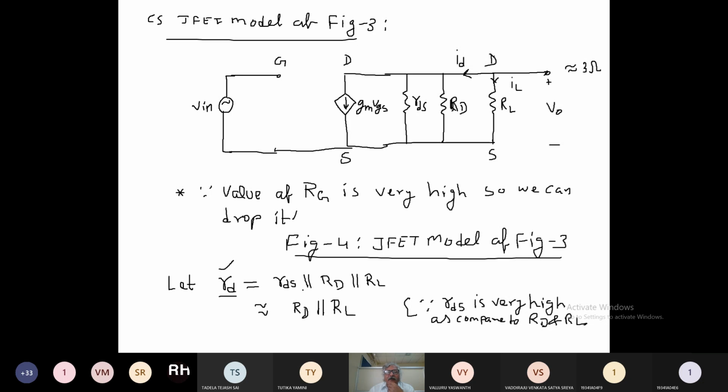Since RDS is very high, RD will approximately equal RD parallel to RL. Okay, right. Now this is your figure number 4. From figure number 4, we can draw figure number 5.